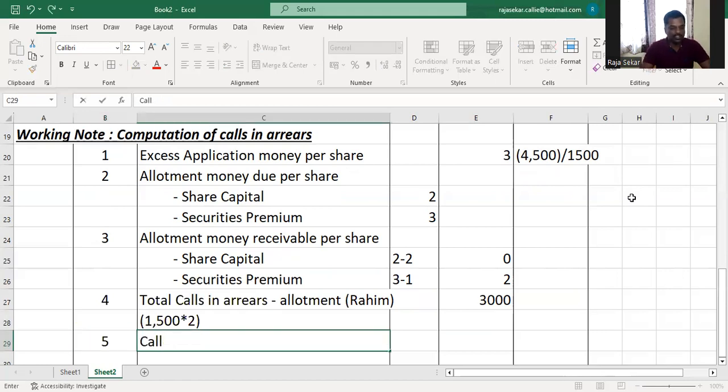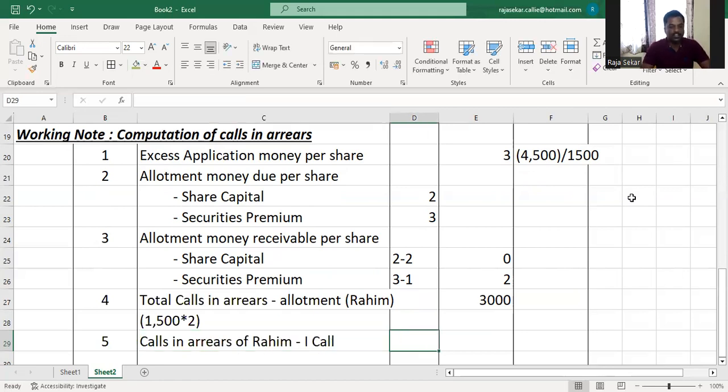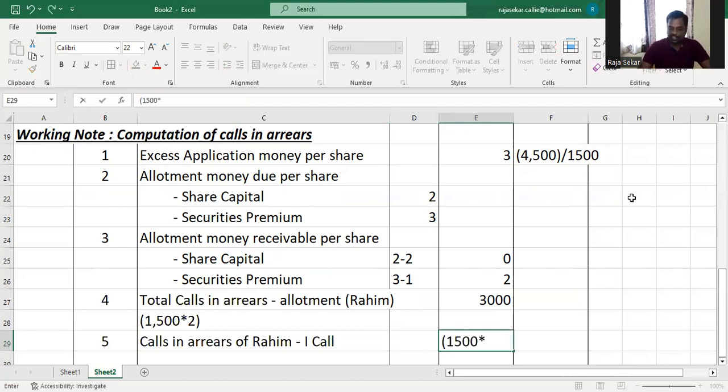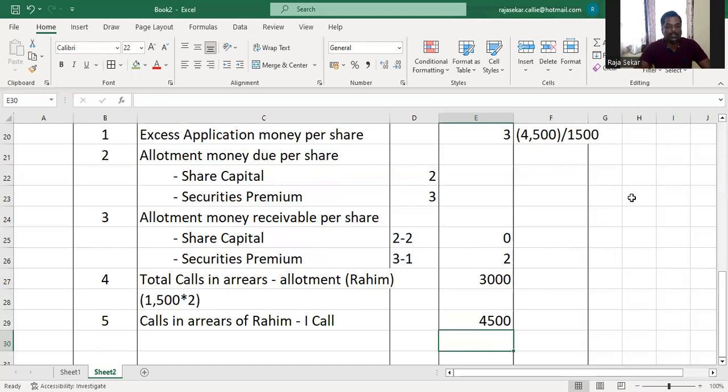So calls in arrears of Rahim in first call would be 1,500 into 3 rupees. Now here we don't do the excess application money set off, because there is no excess application money available for Rahim in the first call.